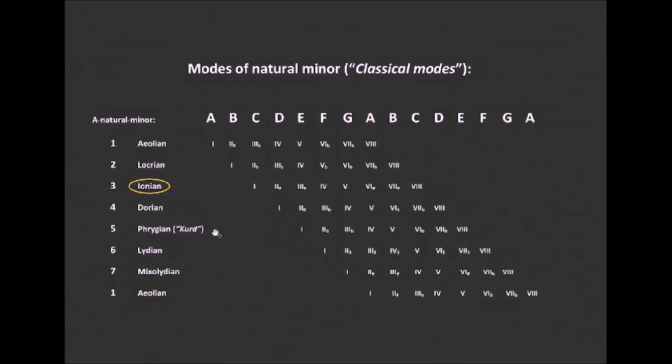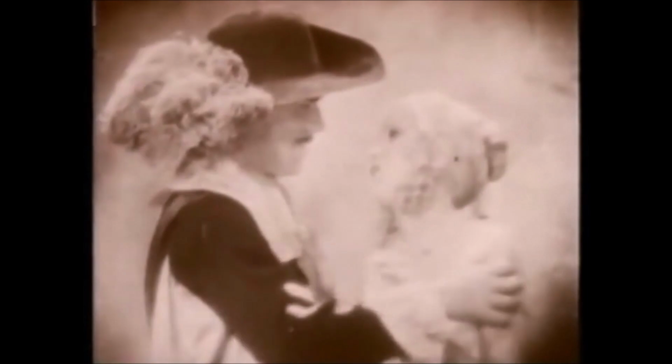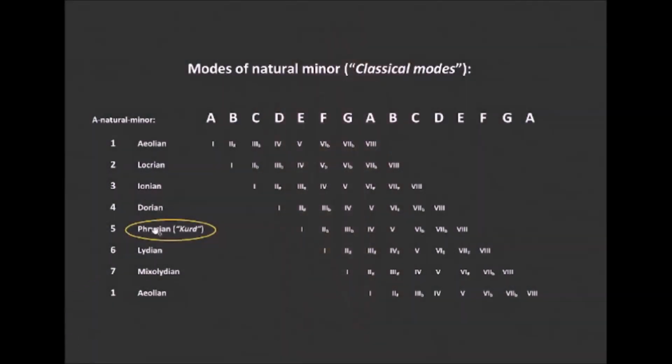And especially on handpans and other kinds of music, there's another mode that's quite important. This is the 5th mode, so starting the scale on the 5th. This is called Phrygian in Greek or Latin, and is also referred to as Kurd in Makam.